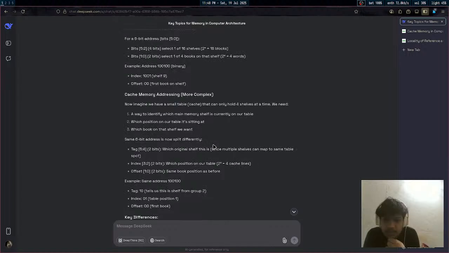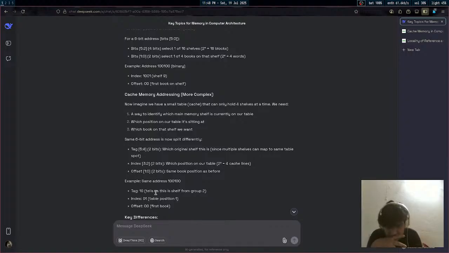So first of all we will look into the tag. When we know that this is the thing which we are looking for, we'll look for the index. When we know that, we will look for the offset.